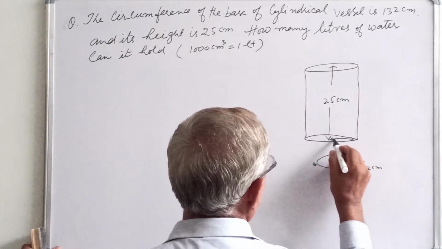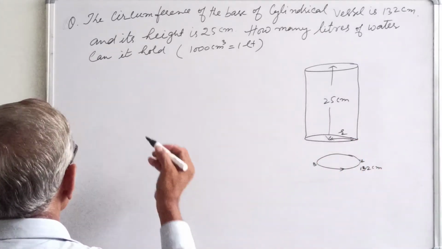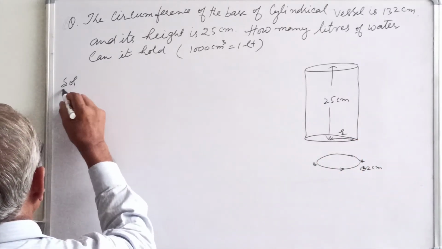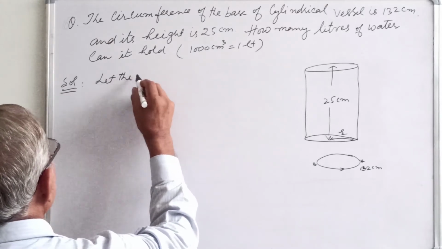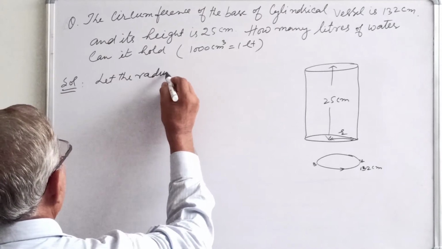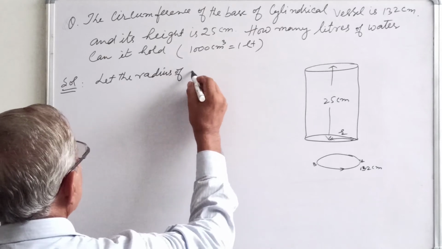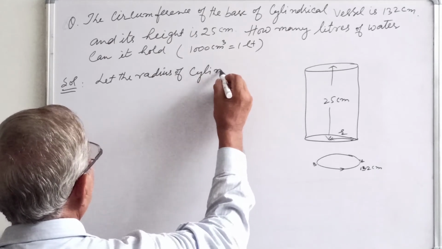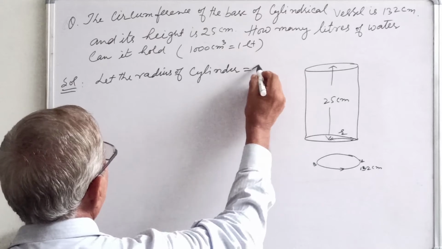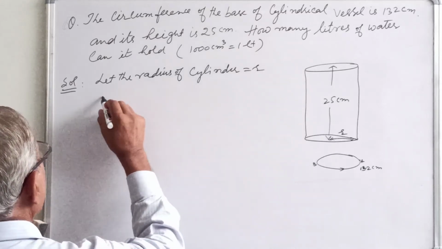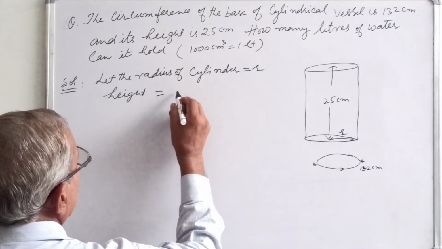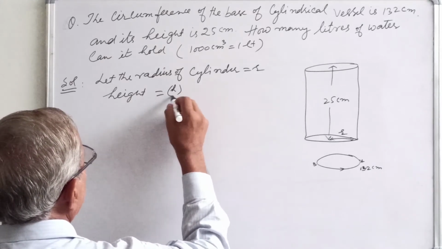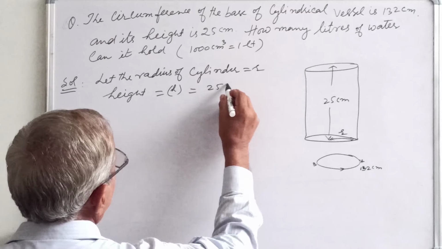Let the radius of the cylinder be r. Height is 25 centimeter.